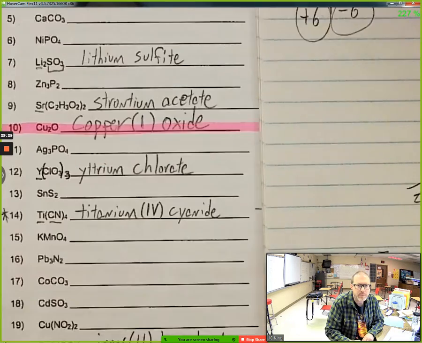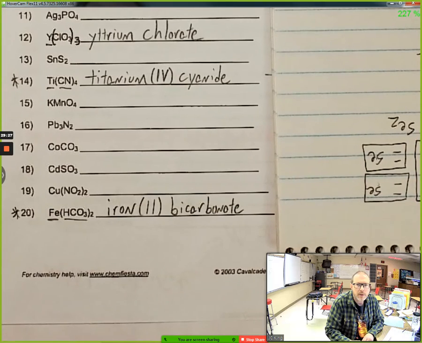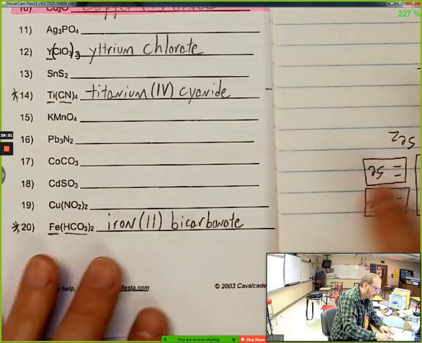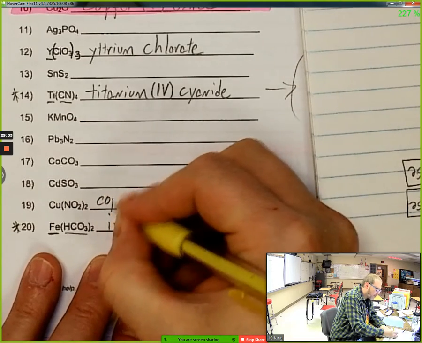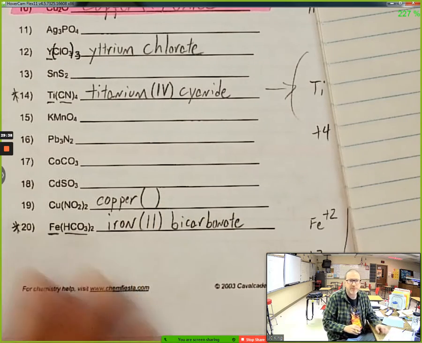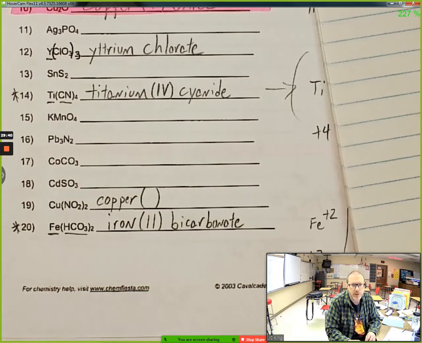Okay, number 19. Okay, Cu(NO2)2, cool. Now Cu is copper, right? We already know that copper, again, just from prior experience, could either be +1 or +2. That's also the only 2 places it shows up on the chart there.